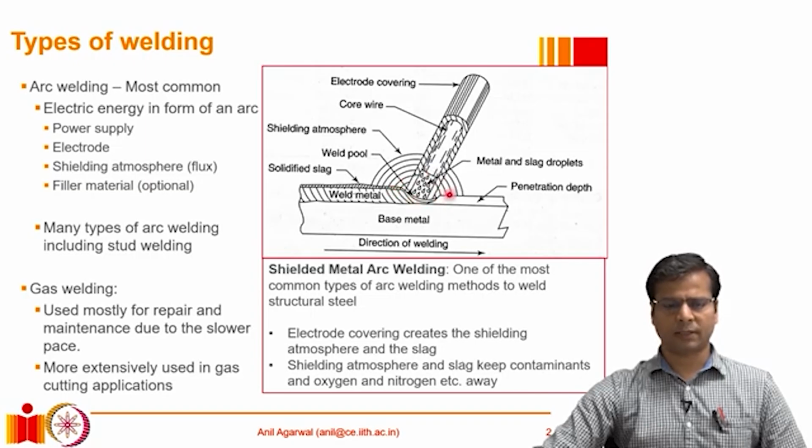To avoid that kind of oxidation, we have to use some kind of a shielding atmosphere so that the metals don't contaminate. In addition to that, sometimes we have a separate filler material, or sometimes the electrode itself acts as a filler material. That's how a typical arc welding operation is done. There are other types of arc welding also where we don't use a filler material separately.